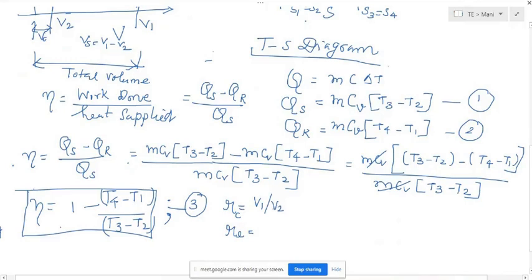So you can refer to the diagram also. V1 is nothing but the total cylinder volume, okay, and V2 is nothing but the clearance volume. So the compression ratio is nothing but the ratio of total cylinder volume to the clearance volume.